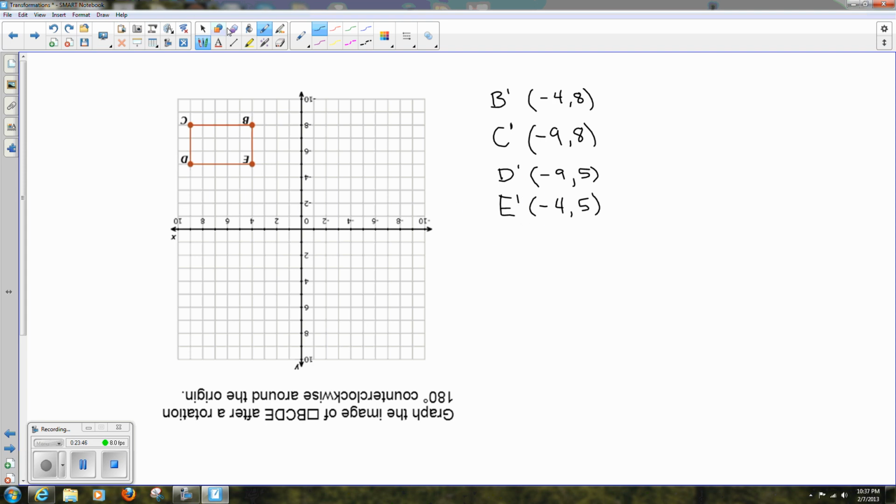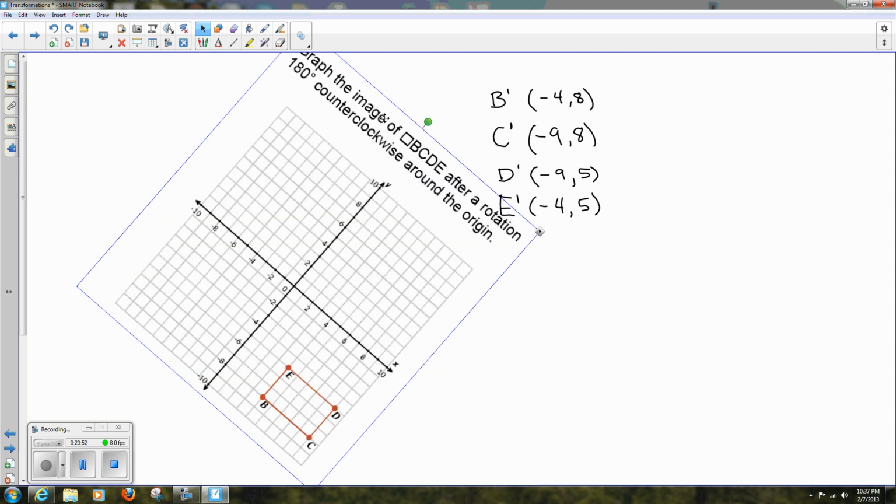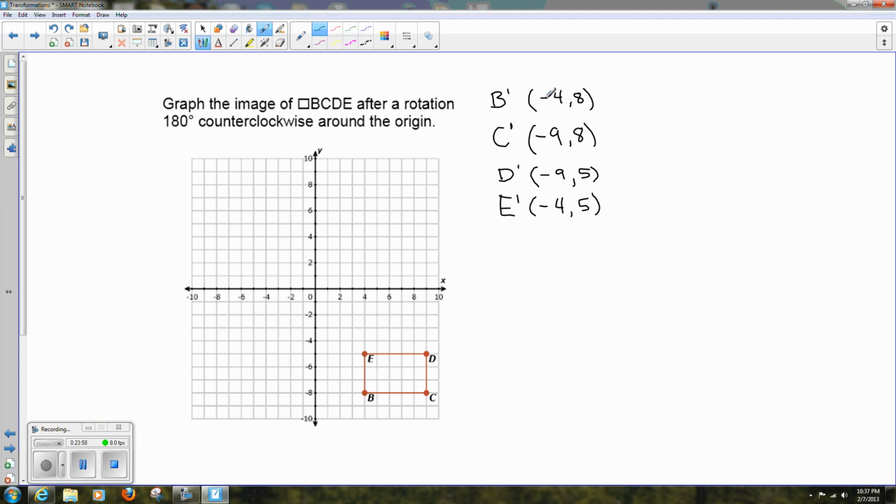So now what you do is you take your paper and you turn it back right side up. And then you take your pencil and you plot all these points. -4, 8. This is actually, we should probably label it right here, B prime. -9, 8.